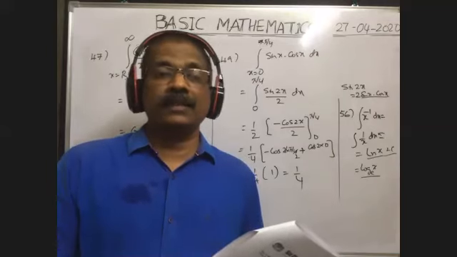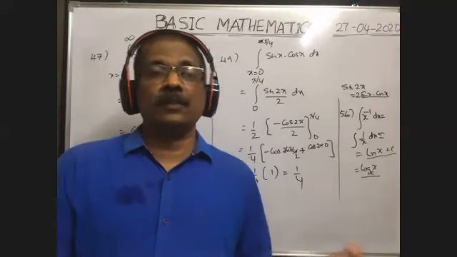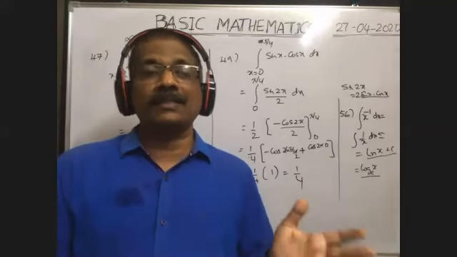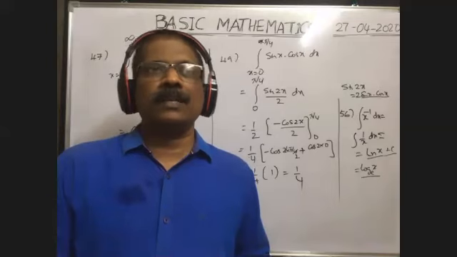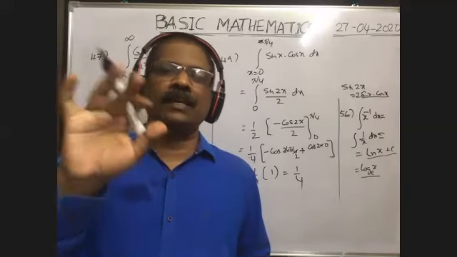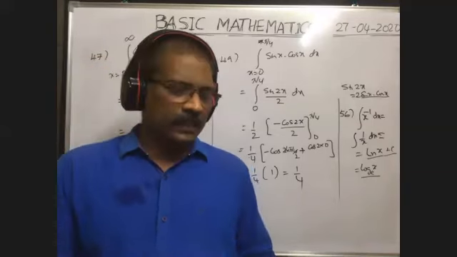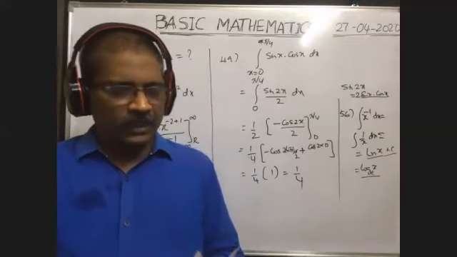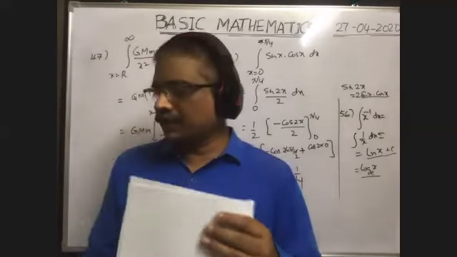Integral cos nx dx. Integral cos 2x dx we already know. So integral cos nx dx we can write as sin nx. As the coefficient of x is n there, sin nx by n we have to write. So in this way, these are some important problems in this.